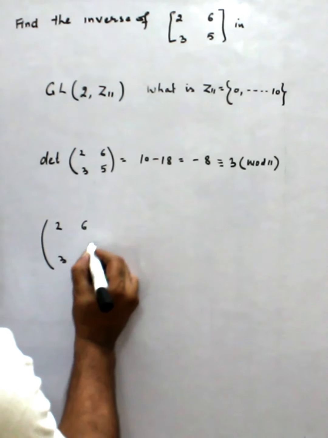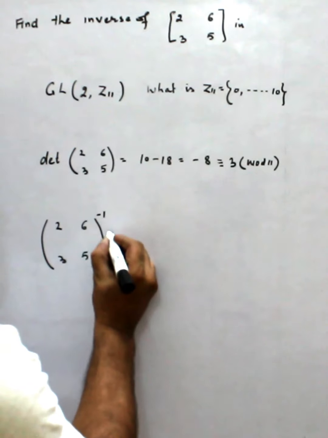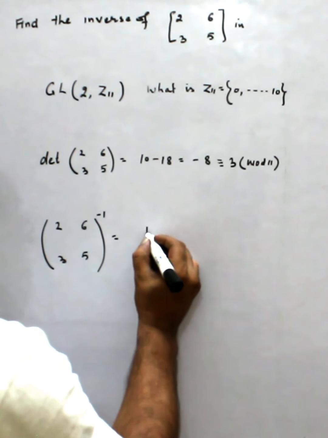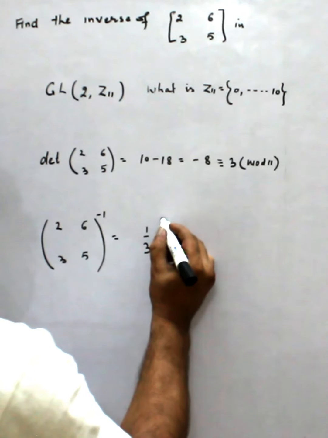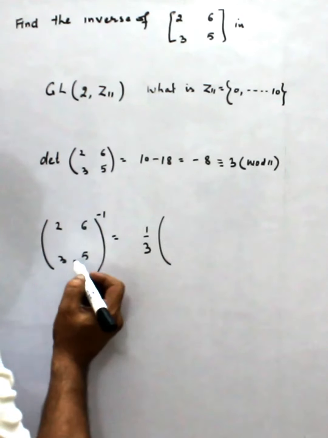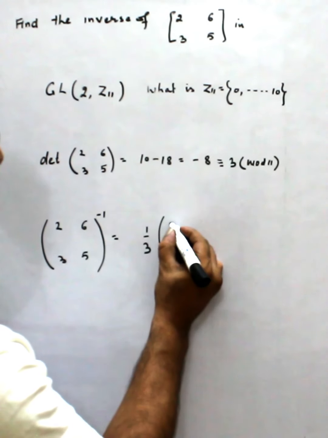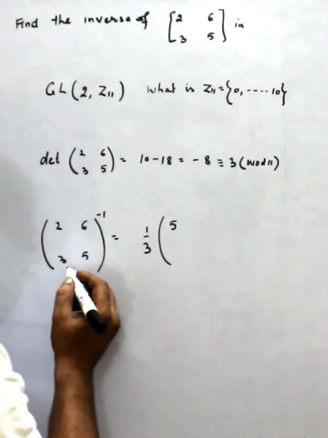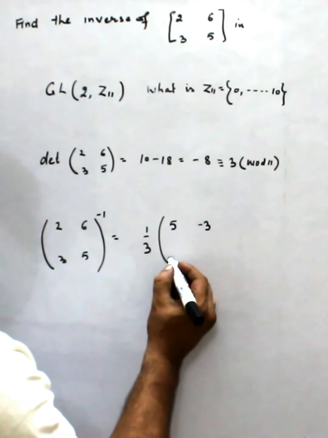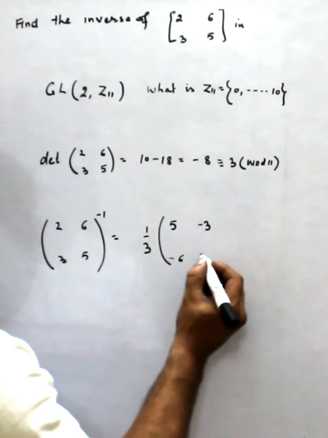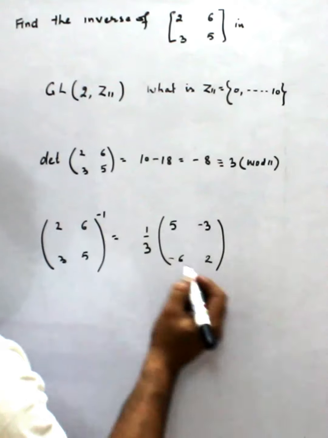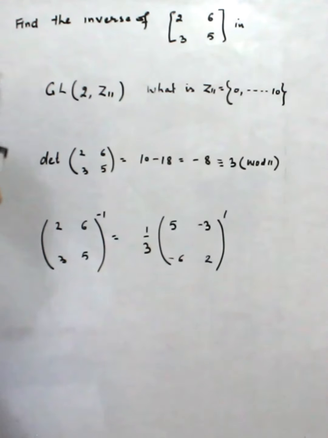Now we find the adjoint, that is the inverse. The inverse of the matrix 2, 6, 3, 5 is equal to 1 by the determinant, that is 1 by 3, into the cofactor matrix: the cofactor of 2 is 5, the cofactor of 6 is minus 3, the cofactor of 3 is minus 6, and the cofactor of 5 is 2, and then the transpose.